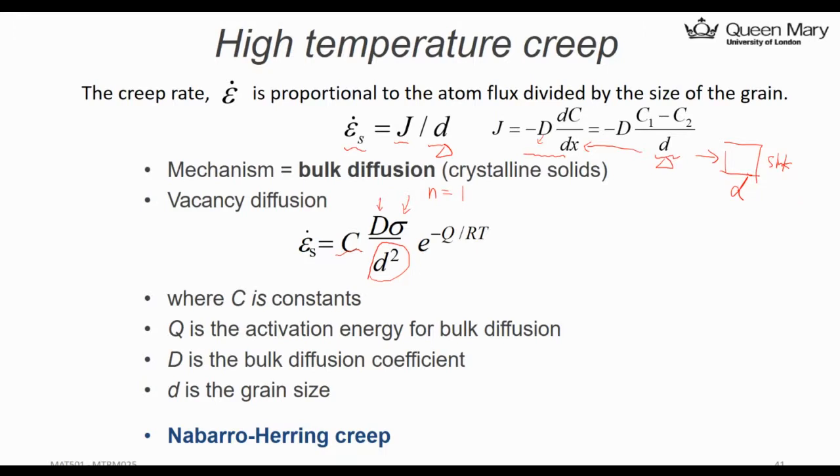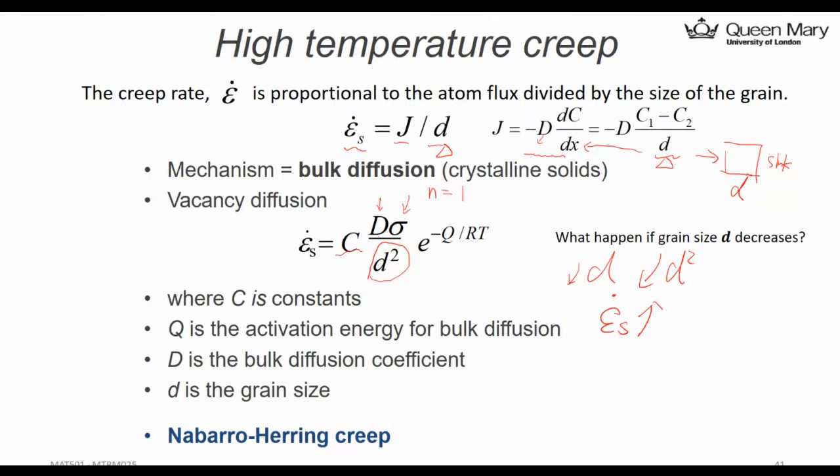Okay, so my question here is, what happens if you decrease the grain size? If you decrease the grain size, because d squared will change much quicker actually, finally you will see your strain rate and creep will increase very quickly.